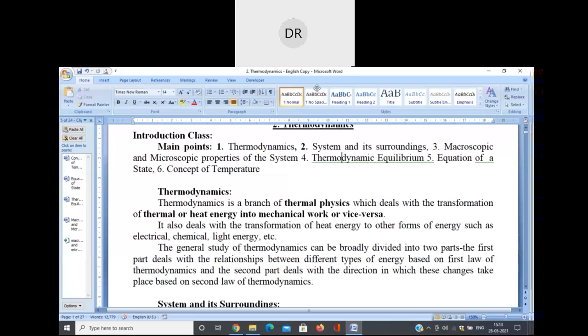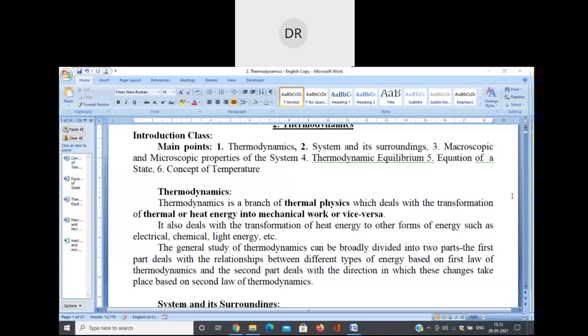All these things here we discuss. So thermodynamics sounds like the heat concept, thermal or heat.